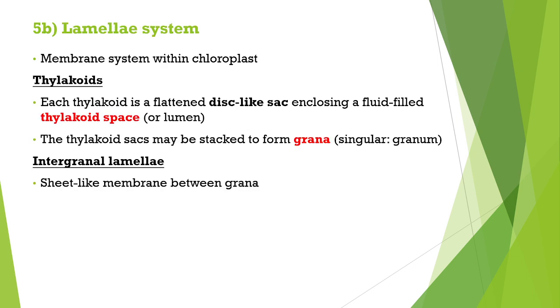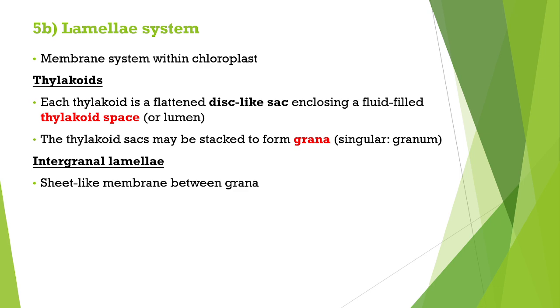The thylakoid membranes or the lamellae system are important because that's where the photosynthetic pigments are embedded, right? So the folding of the thylakoid membranes, the stacking of the membranes to form grana, would increase the surface area for attachment of more photosynthetic pigments.